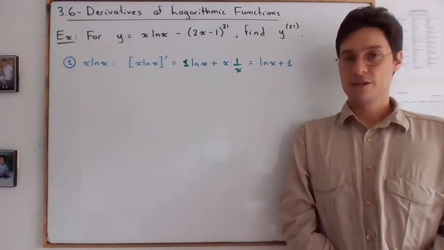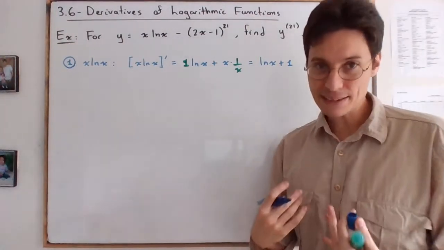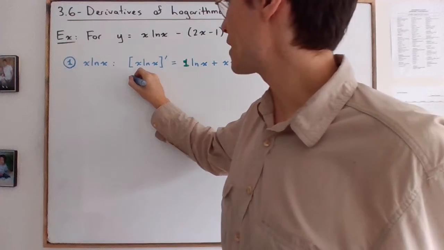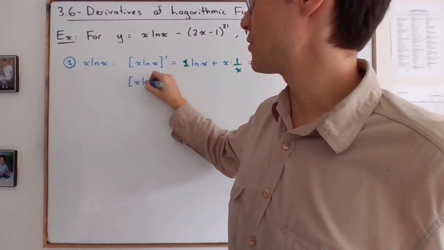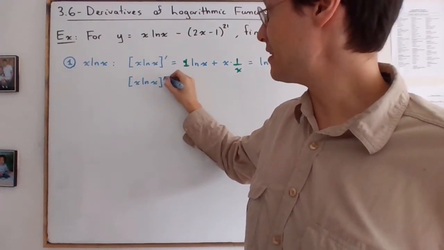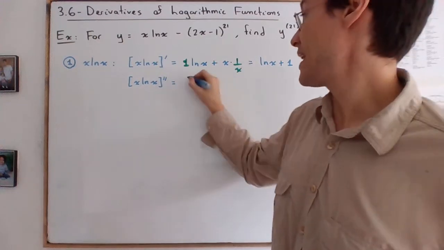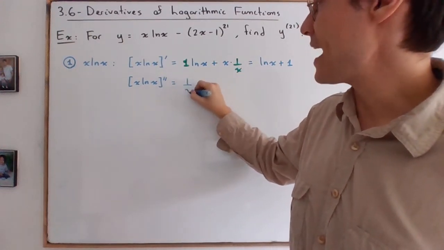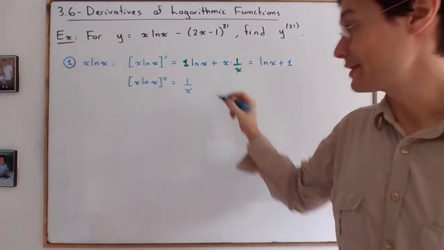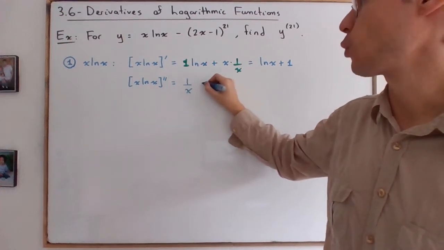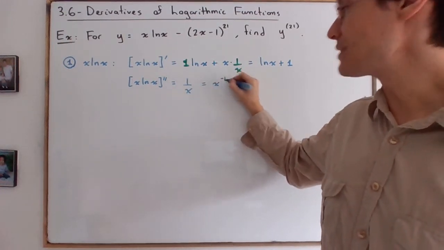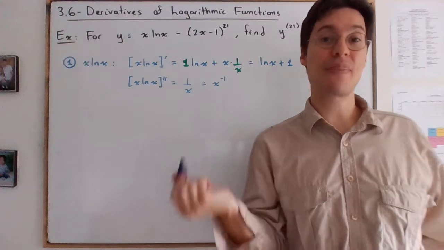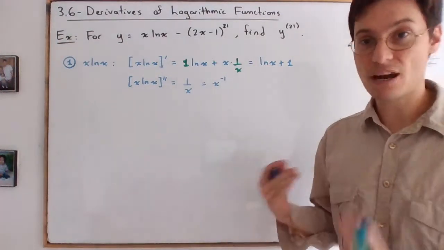Okay. So not an obvious pattern yet, but you have to keep pushing, right? So you're going to take now the second derivative, which is going to end up being 1 over x. And at this point, we have seen a pattern for 1 over x. So we know that we're going to write it as x to the negative 1 to take the next couple of derivatives.